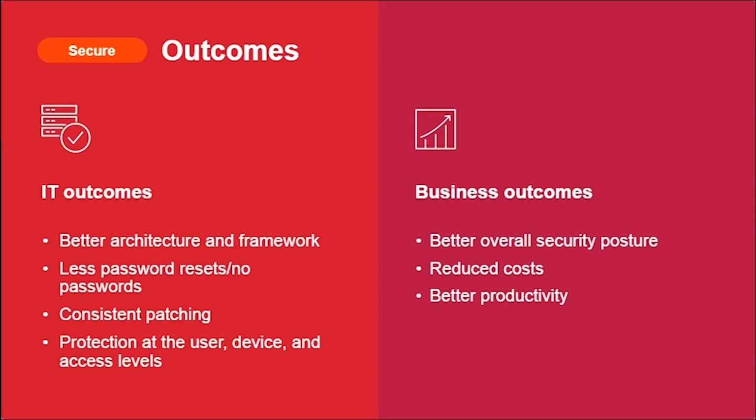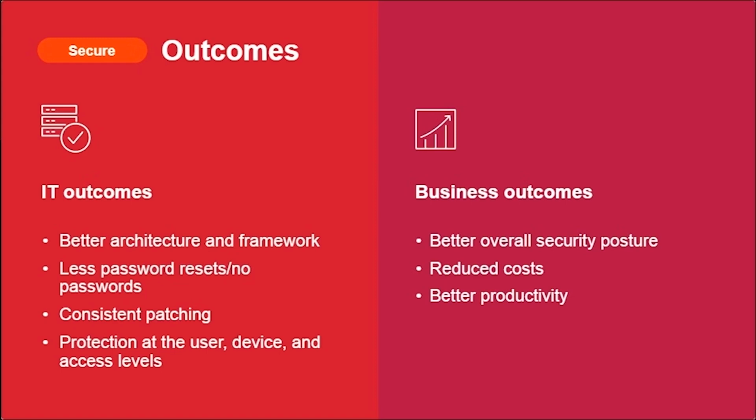We want to reduce the complexity around passwords being used today, provide consistent patching capabilities at scale that can be applied in an automated fashion across all types of devices, including desktops, PCs, Mac OS machines, Linux machines, and mobile devices, and provide the best amounts of protection that can be deployed within the organization from a user perspective.